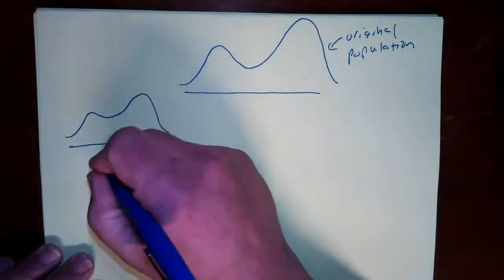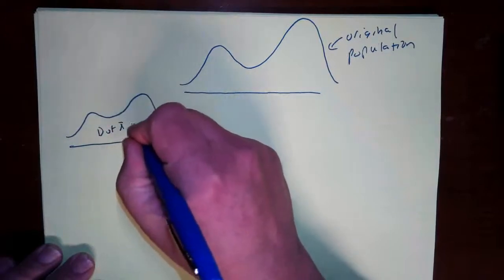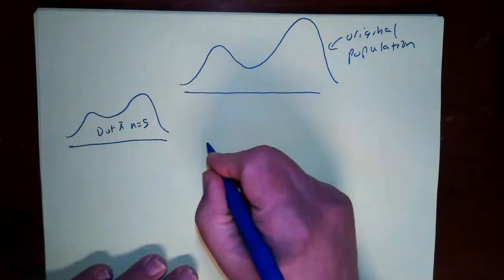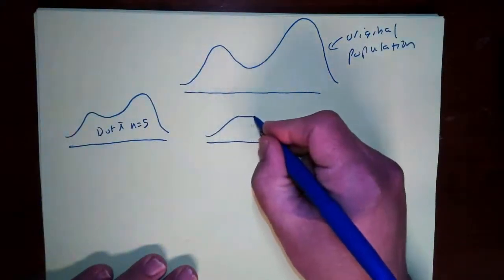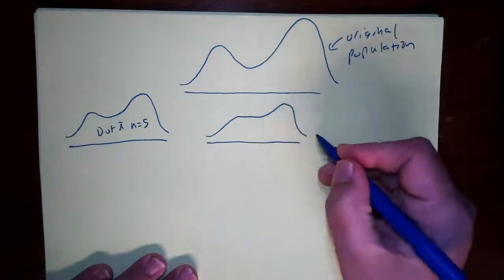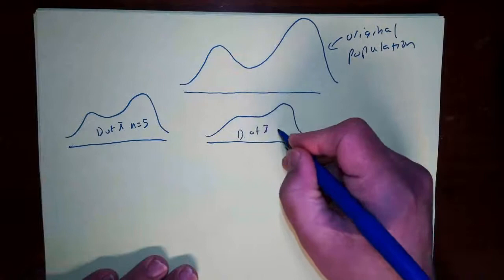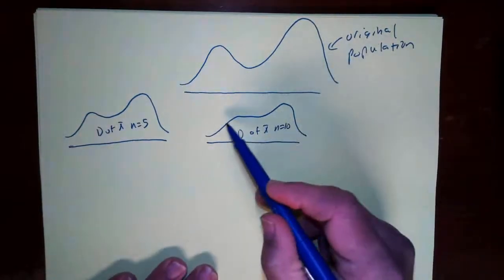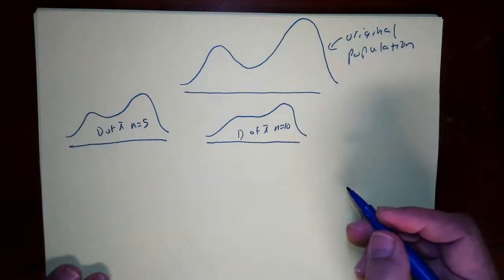So we'll say this is the distribution of x bar for n equals 5. Then let's say we took it out for n equals 10. Then maybe it might be something like this for n equals 10. So it's becoming even smoother here.